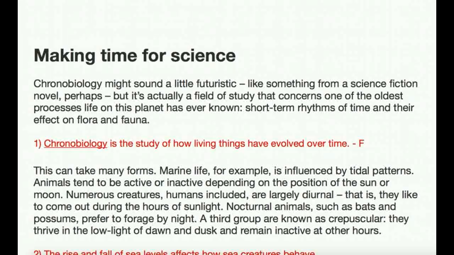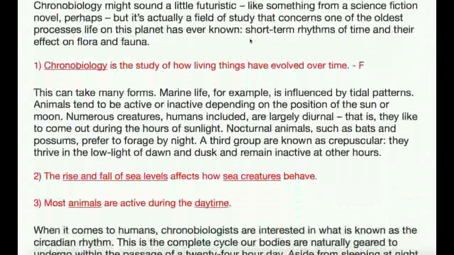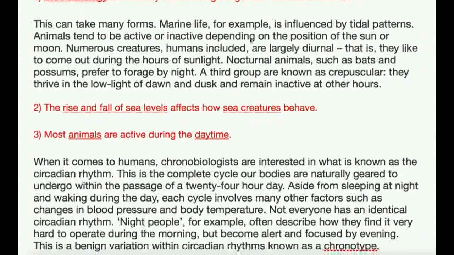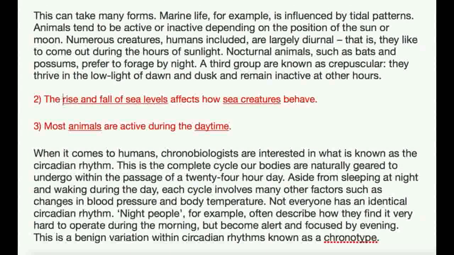Okay, now let's look at question 2 for this IELTS reading true false not given exercise. So statement 2, the rise and fall of sea levels affects how sea creatures behave. Now we've seen that the answer is here. Marine life, for example, is influenced by tidal patterns. Now the answer to this one is true.